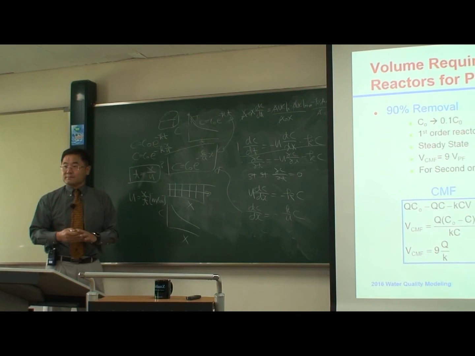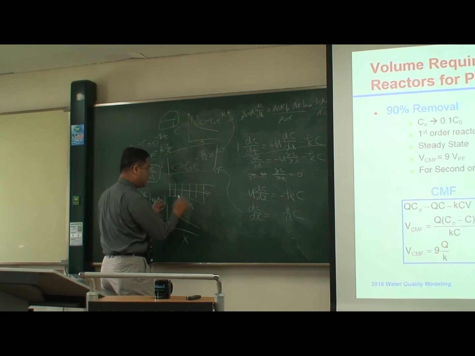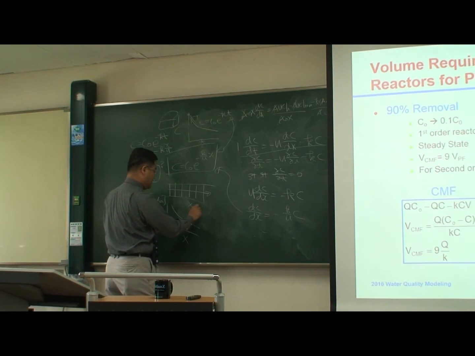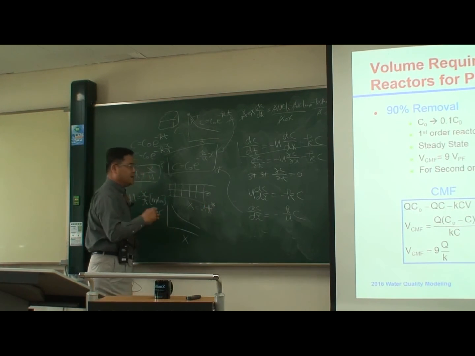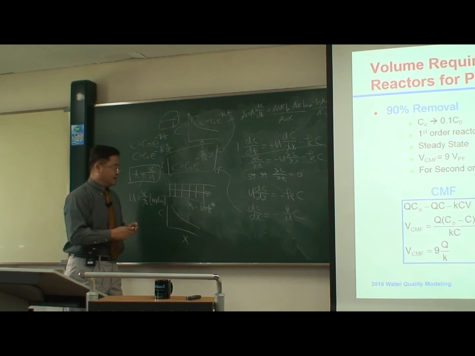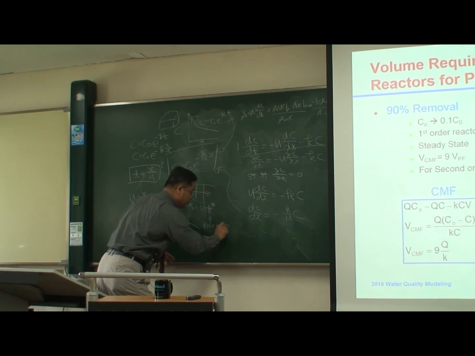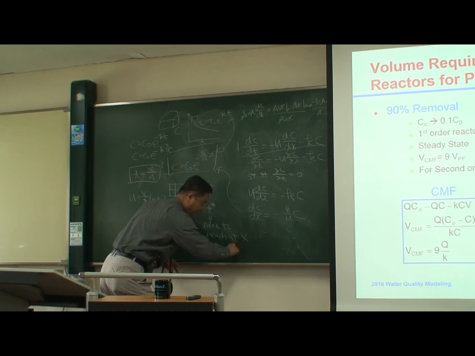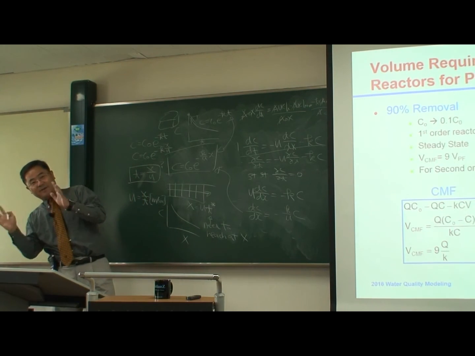In other words, here I can use the concept of time, but in this case, if you are talking about steady state, this is the time needed to reach x. It's not clock time, okay?